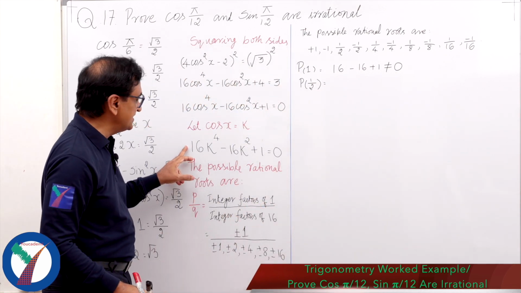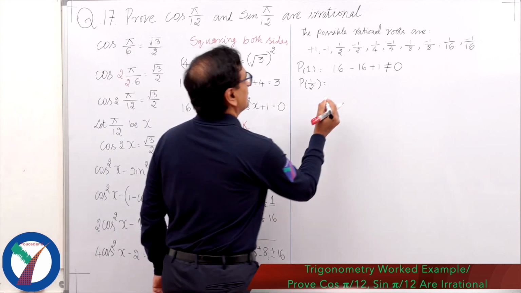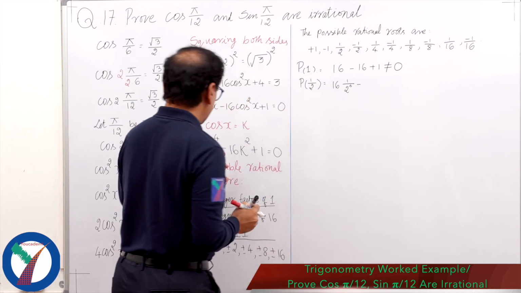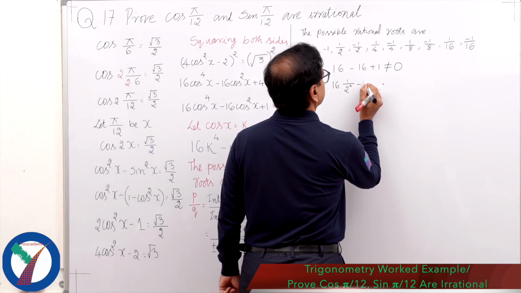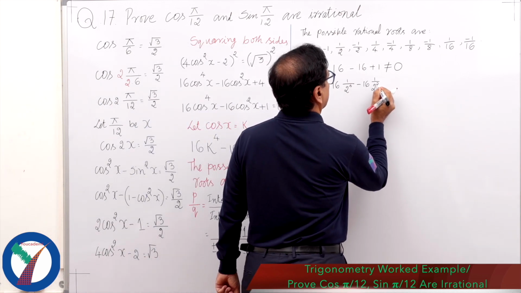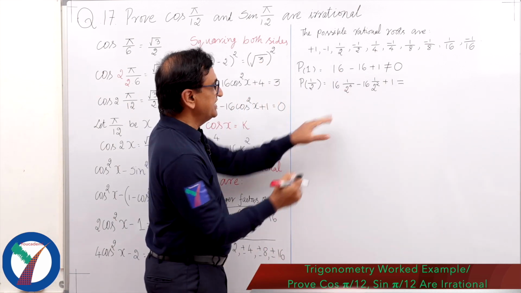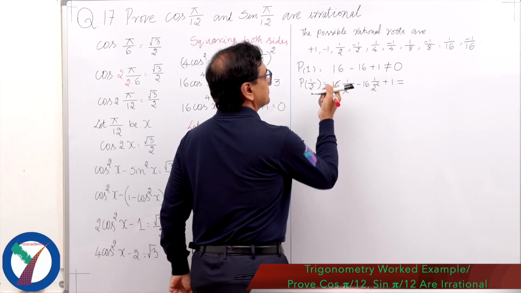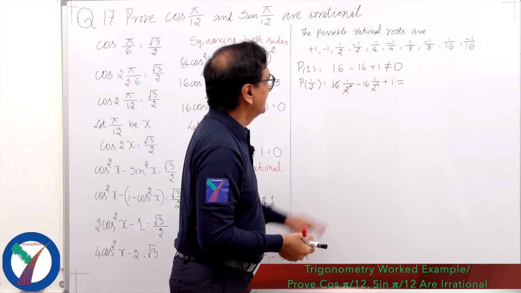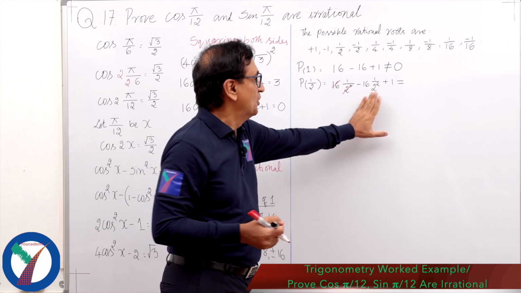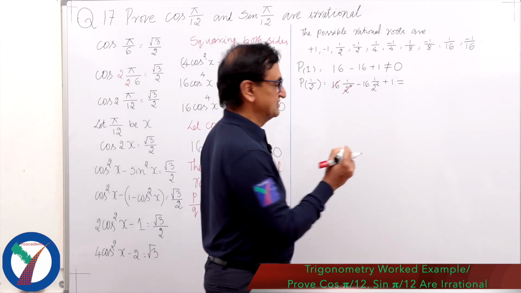So you have 16 times half power 4 minus 16 times half square. Okay, now 16 and 2 power 4 get cancelled because 2 power 4 is 16. Next you have 16 divided by 2 square, that is 16 divided by 4, plus 1, definitely not equal to 0.